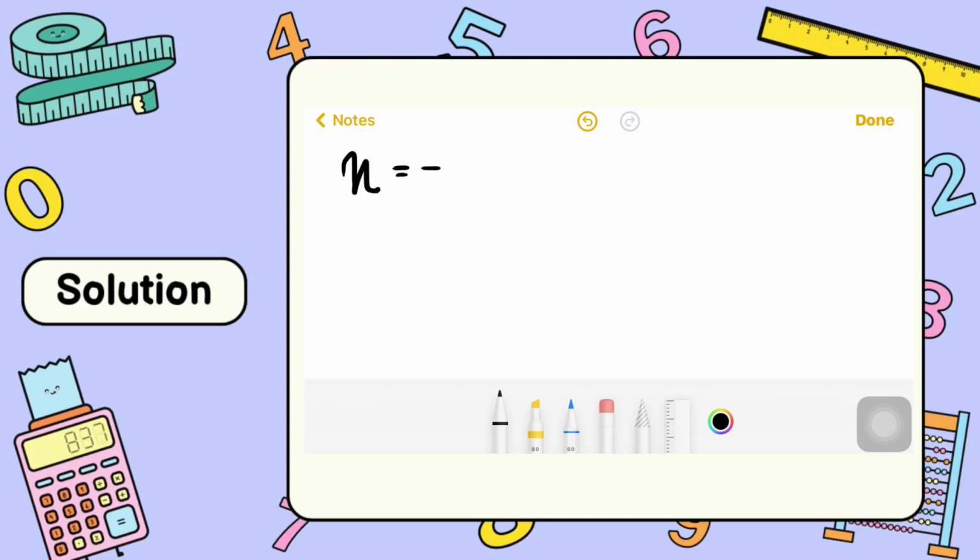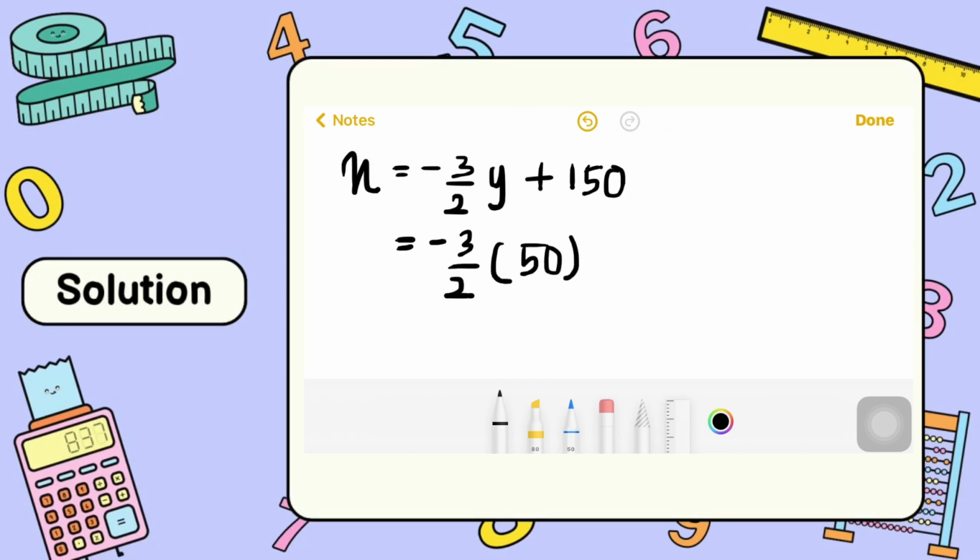Step 6. Determine the value of x. x equals negative 3/2 y plus 150. Then, negative 3/2 multiply 50 plus 150. Then, negative 75 plus 150.